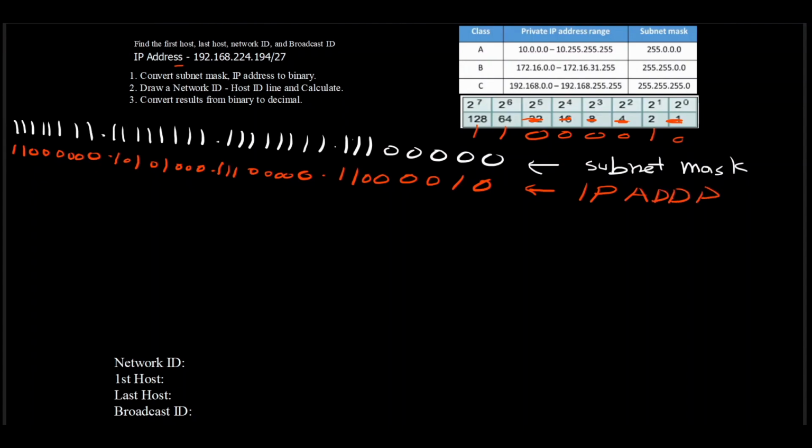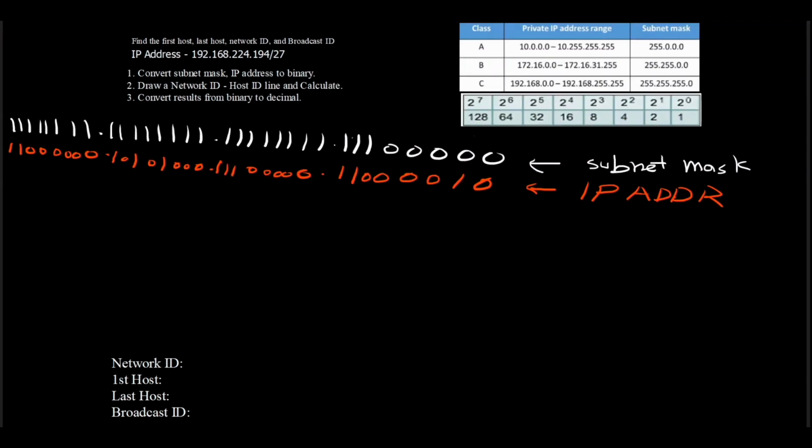Okay. So next, I want to draw the line to separate my network portion from my host portion to help me do the calculation. So let me draw the line. This is 24 plus 5 from the subnet mask, so the line should be in here, right? This is where I'm going to use the line.